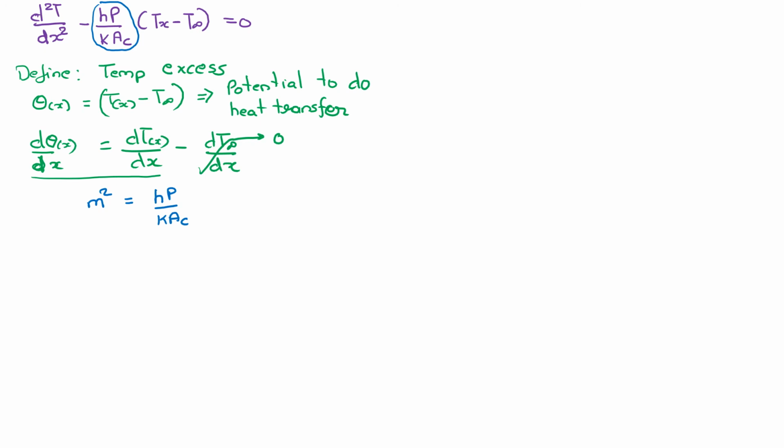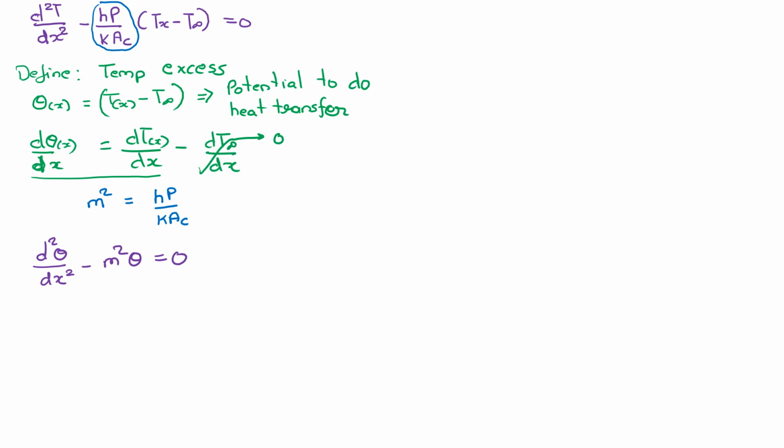After defining these two terms, our differential equation turns into d square theta by dx square minus m square theta equals 0.